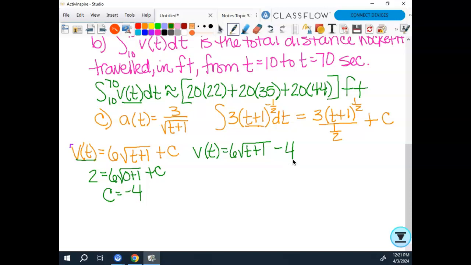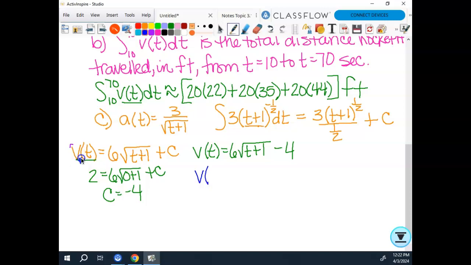Okay, we agree with that? And then what do I want to do with that? Plug it in. What am I plugging in? 80? Because it says t equals 80. And this is actually rocket B, right?